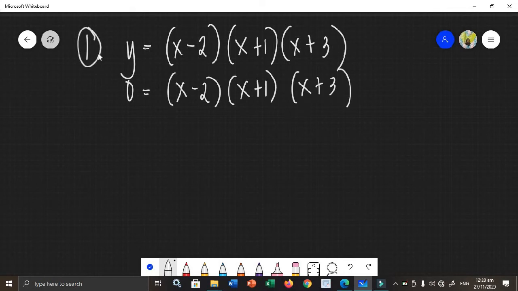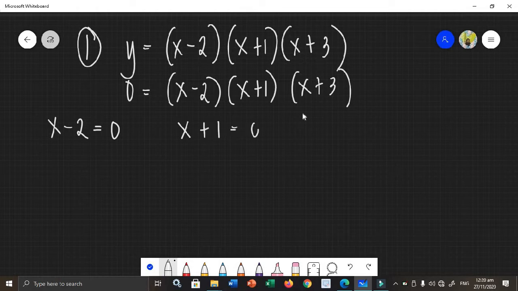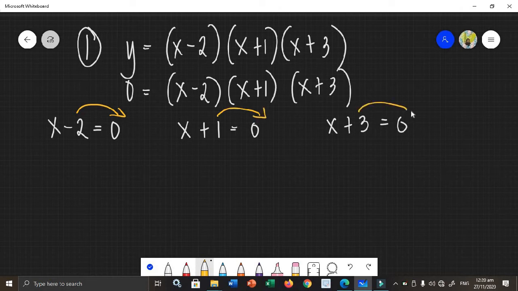And then the next step, we need to separately equate each factor to 0. So we have x minus 2 equals 0, x plus 1 equals 0, and x plus 3 equals 0. And then you're going to use the transposition method to find the value of x, and the value of x is the zero of the polynomial function.